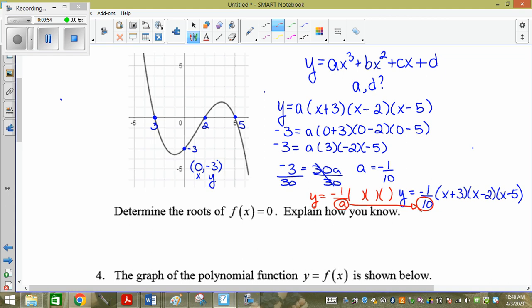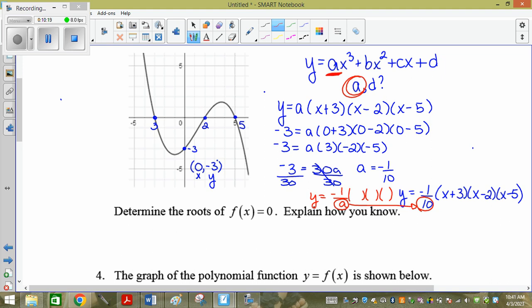Now, if I want the leading coefficient, remember what I told you to do? I told you to write them all out. So if they ask me for a in this form, do I have to expand the whole thing out? No. Remember we said we just have to take that leading coefficient, that vertical stretch factor, that a we found, and distribute it into my x's. So I told you that if I had an (x plus 3) squared, I would write it out twice, right?